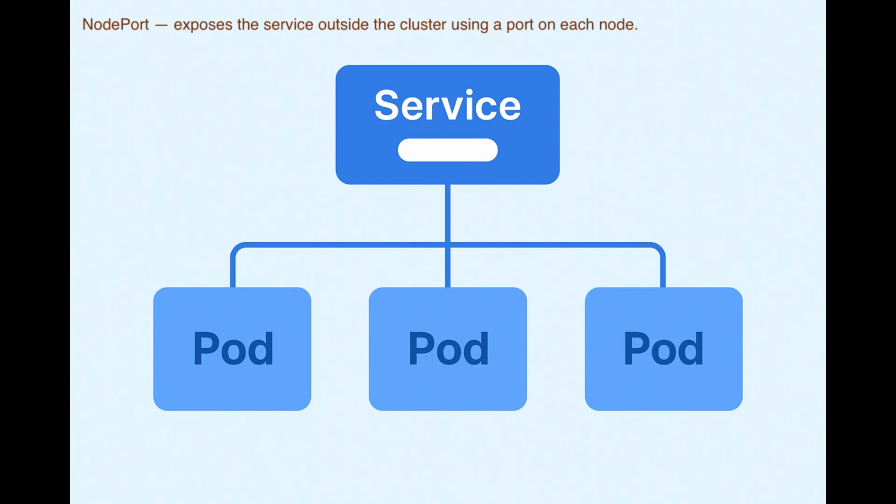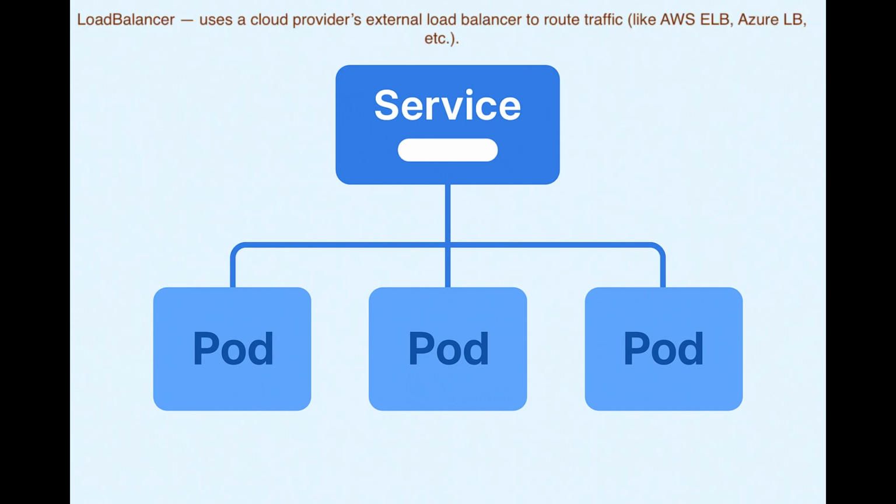Let's say you are hosting your deployment on an EC2 instance. It will open a port on your EC2 instance. So the IP of your EC2 instance with the port number that NodePort gives, for example 30,000 something, that port will be your NodePort service.